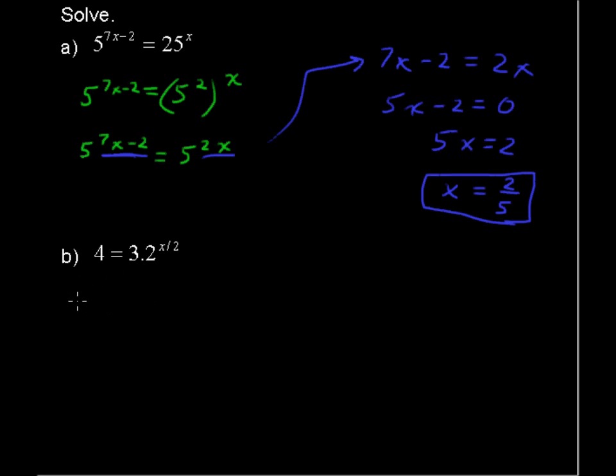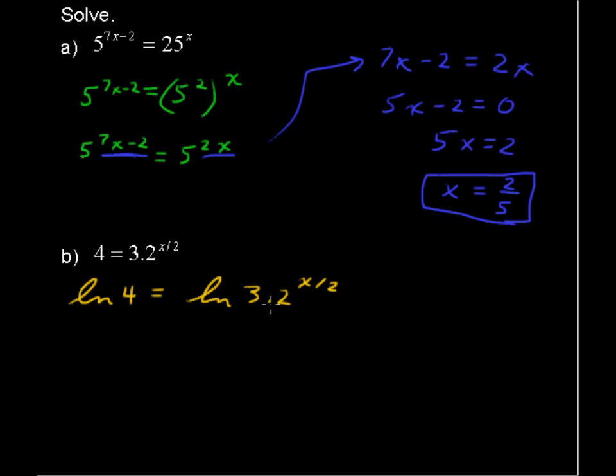So I'm going to say the natural log of 4 equals the natural log of 3.2 raised to the x over 2. And you can do that because if each side is equal to each other, then the natural log of each side would still be equal to each other. That's why that's a legal move there.